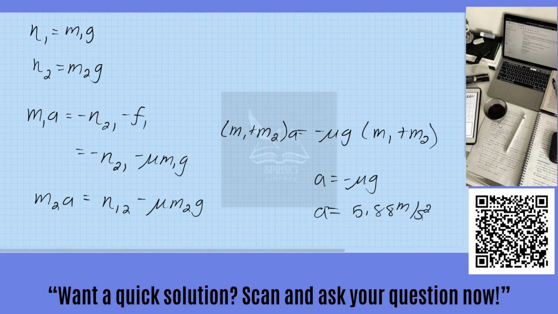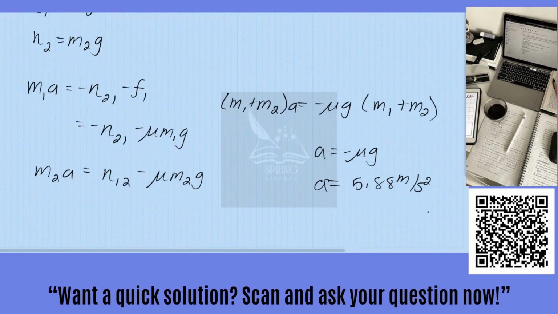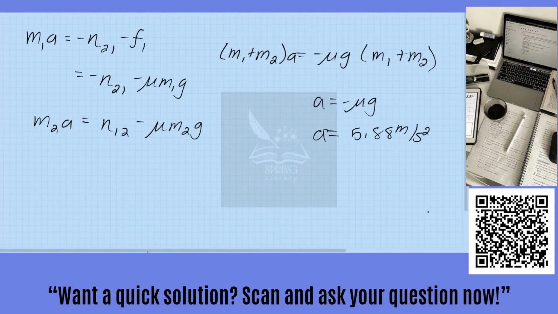But we want to find a time. So we said the velocity was 10 meters per second. Acceleration is equal to the change in velocity over the change in time.